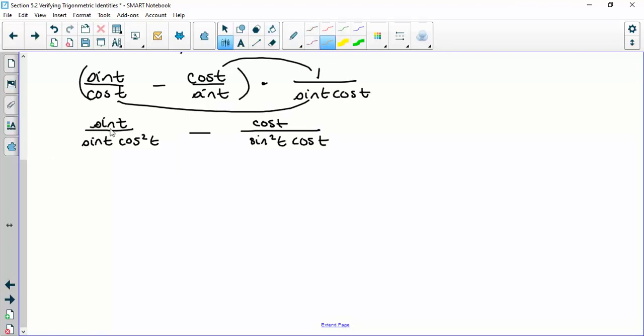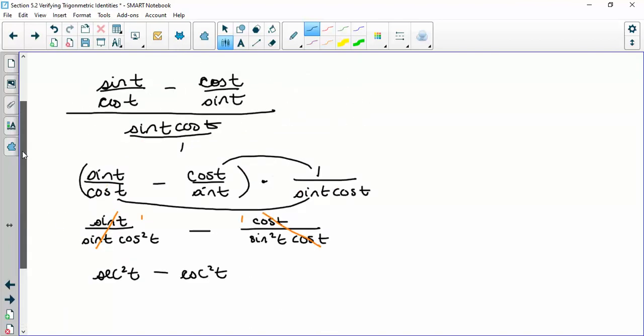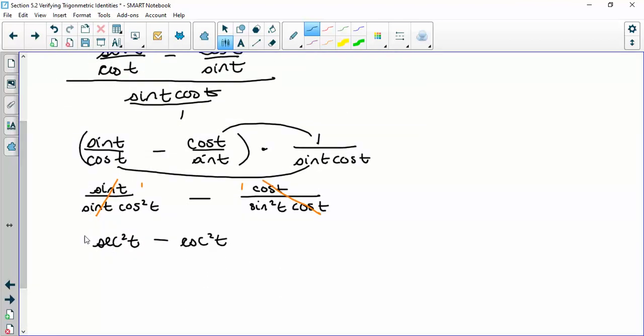Because this is all one term, so we can cancel. So sine on top and bottom cancel. We're left with 1 over cosine squared, which is, and this one, the cosines drop, so we're left with 1 over sine squared, which is, and that was what we wanted. So we boxed it in to show that we have completed our problem.